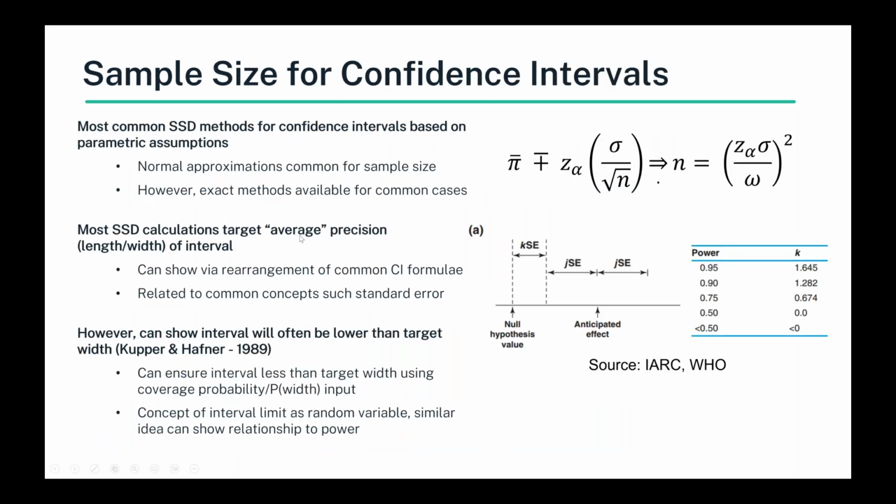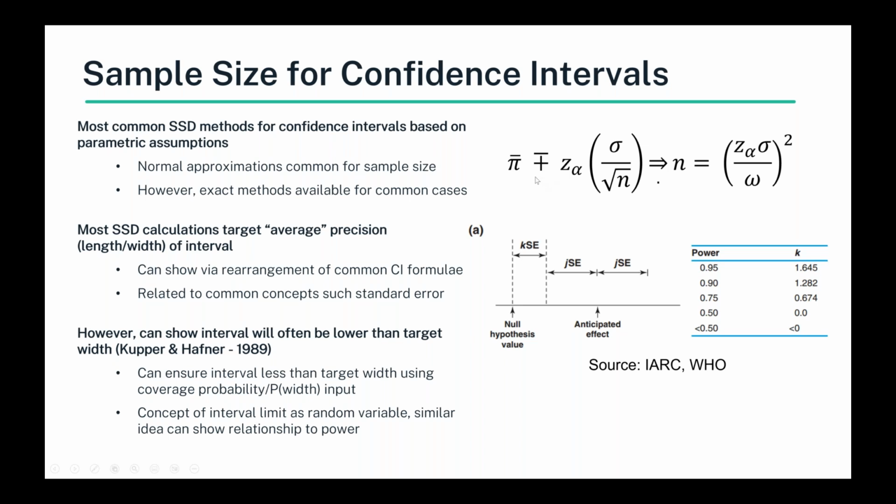Right, so in terms of sample size for confidence intervals, if we assume the parametric case, then the sample size methods will often be based on a classic normal approximation or some other classic parametric model. For example, here on the right, we have the confidence interval formula for one normally distributed mean.